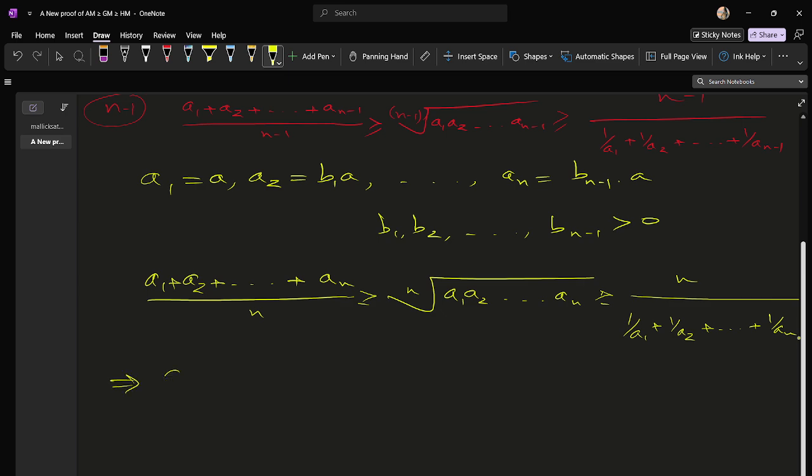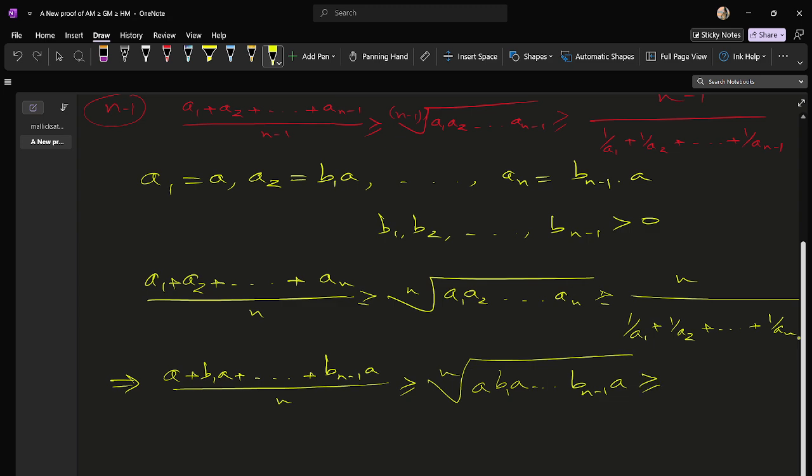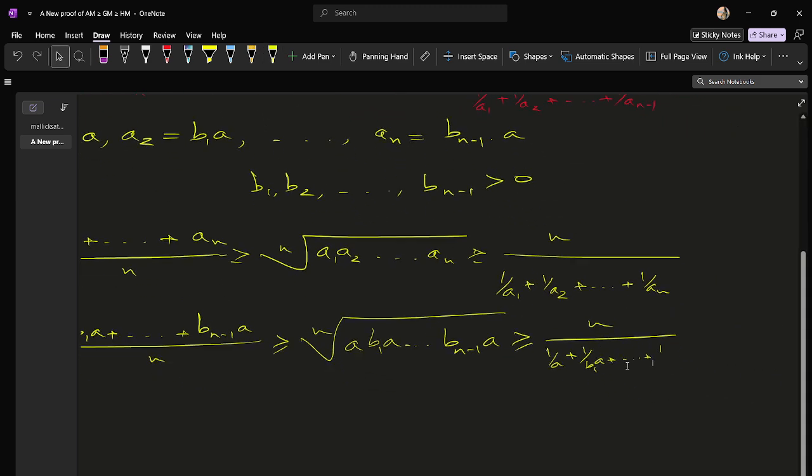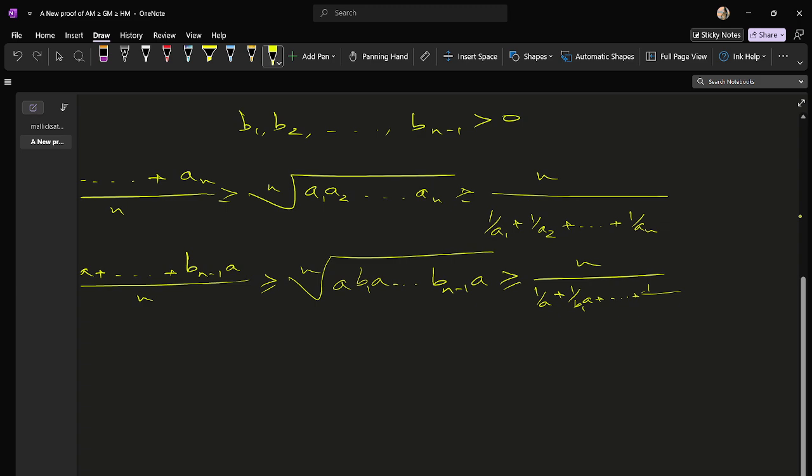That will be a plus b1 a up to b(n minus 1) a, upon n. This will be the nth root of a times b1 a up to b(n minus 1) a, and also n upon 1 by a plus 1 by b1 a up to 1 by b(n minus 1) into a.